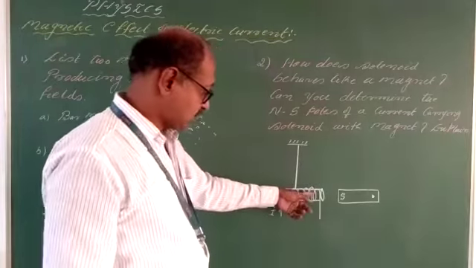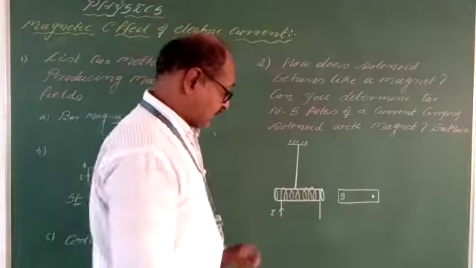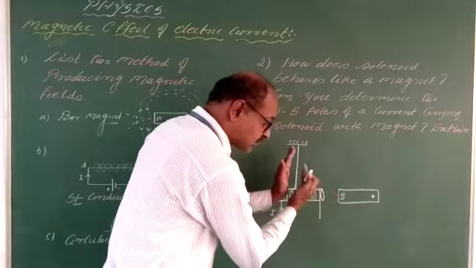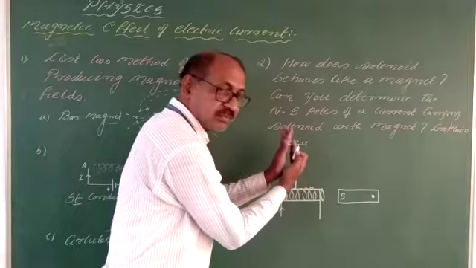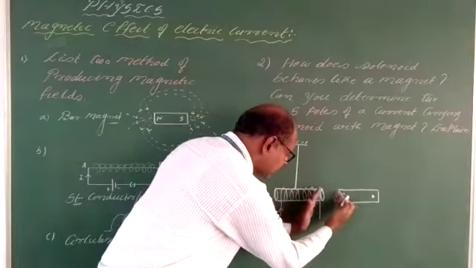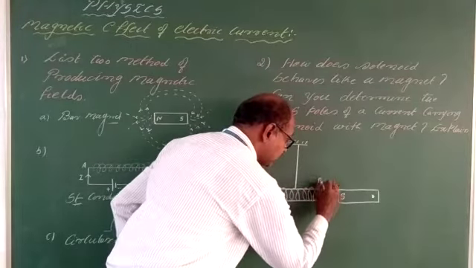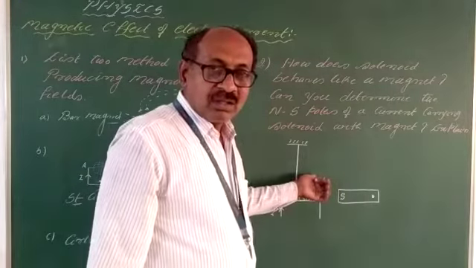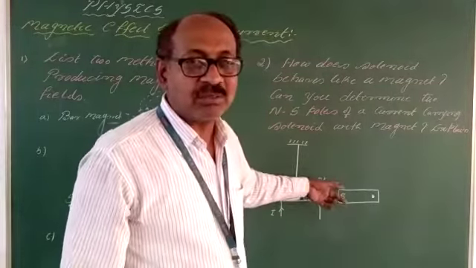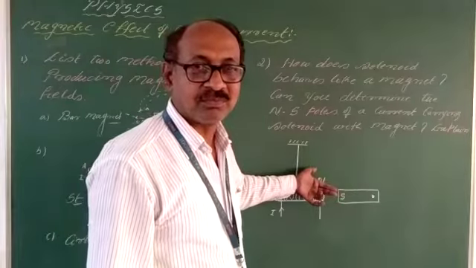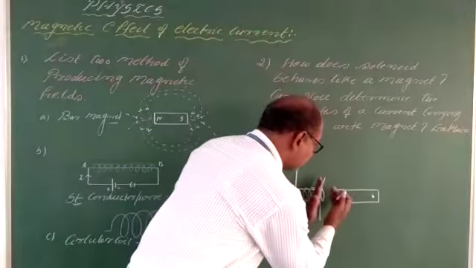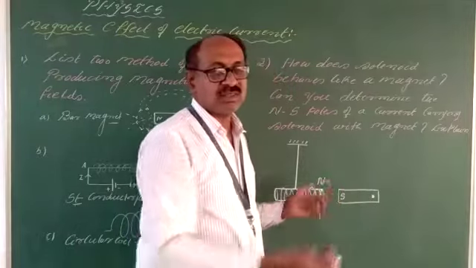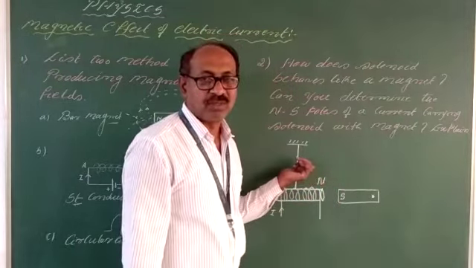What happens? If the solenoid attracts, coming nearer and nearer to it, then you can consider that end as north, because unlike poles attract. Whenever it moves away, then I can consider that end as south.